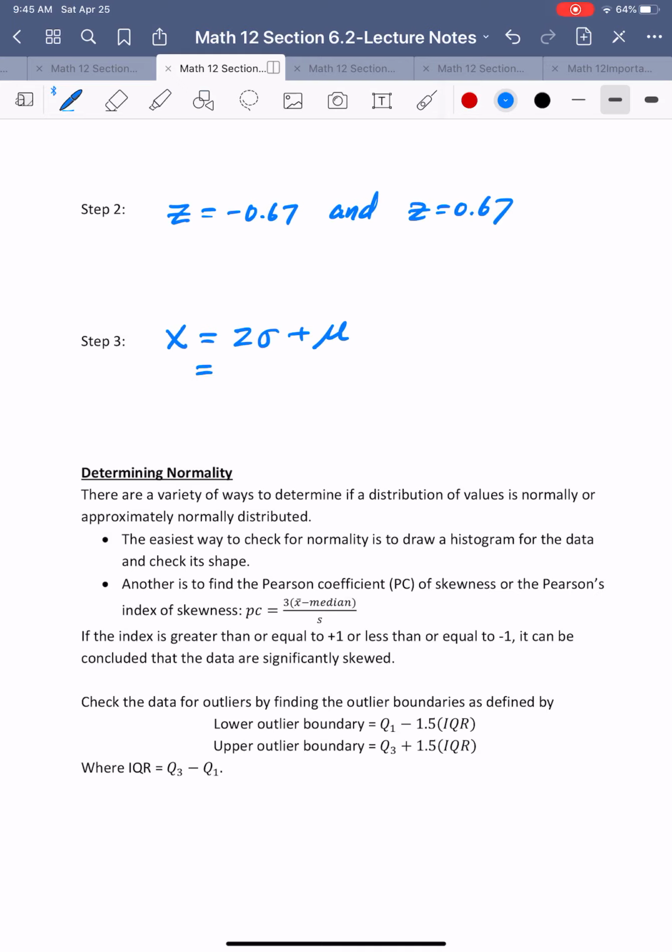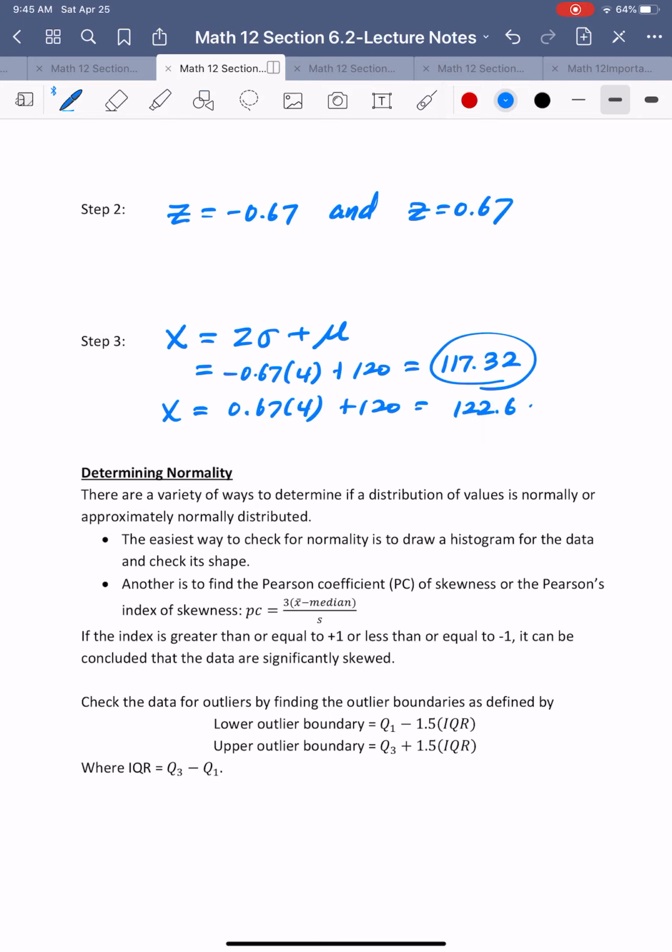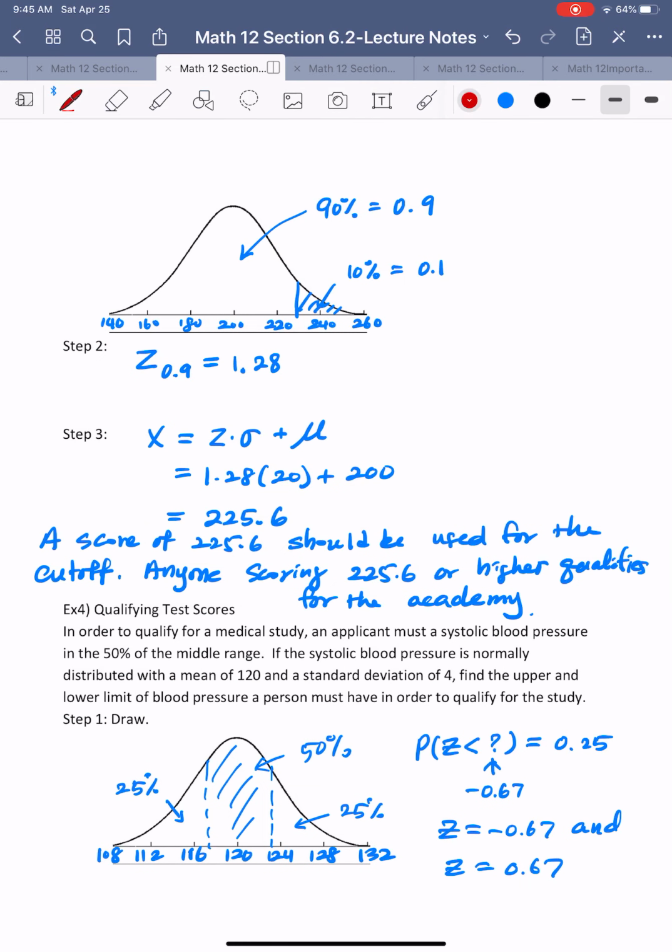So z was negative 0.67 times 4 plus 120, which is 117.32. That's one value of x, and the other one is positive 0.67 times 4 plus 120, which becomes 122.68. If I go back to the original, this is about 117.32, and this is about 122.68. All right.